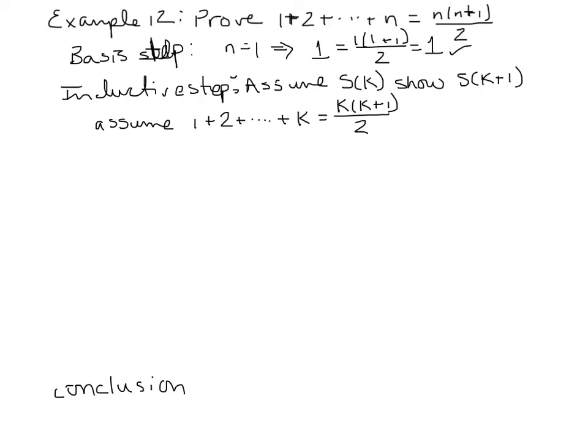Because we want to stop at k plus 1, I'm going to add k plus 1 to both sides. So 1 plus 2 plus, there's that k, but now I'm going to add k plus 1 to the left-hand side, and I'm going to add k plus 1 to the right-hand side.